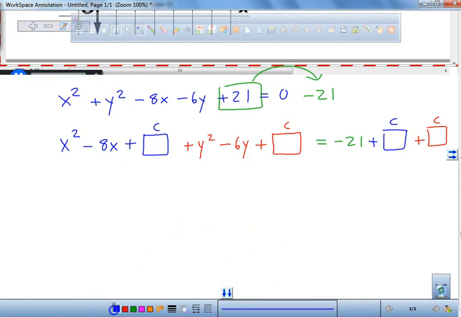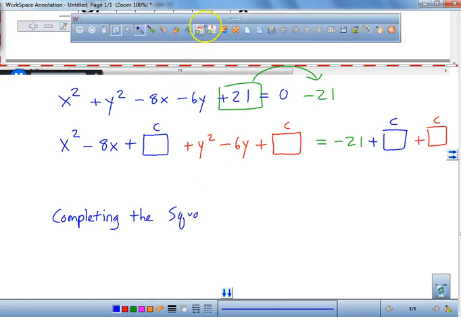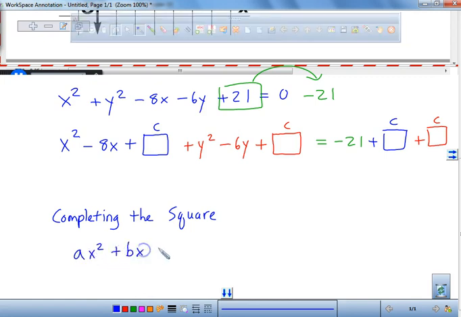Now we're going to review this concept called completing the square. Typically you have a quadratic equation, ax squared plus bx plus c equals 0. It's going to be important whenever you're completing the square that your a value needs to be a 1.